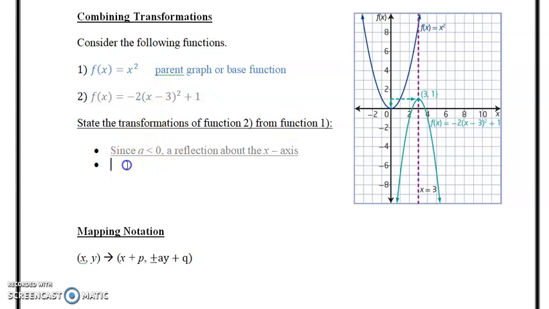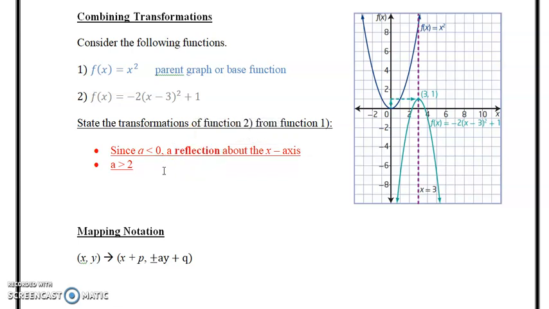Your A value is greater than 2. I apologize. Sorry. So since A is greater than 2, the absolute value of that, so it doesn't matter the sign, we've already taken care of the sign in the reflection.